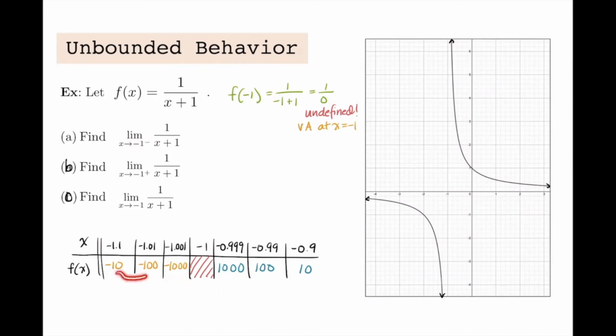Now look at the behavior of what's happening with our y values. We've got -10, -100, and -1000. These don't seem to be honing in on a particular value. In fact, they're just getting larger and larger, but they're staying negative. You can test this by plugging in a number that's in between -1.001 and -1, like -1.0000001.